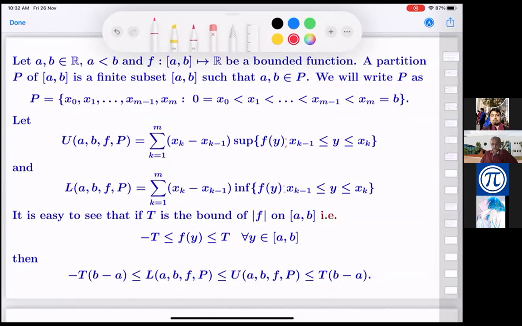The upper bound is simply, in each of these subintervals xi minus 1 to xi, you take the supremum of the function f and multiply it by the length of the interval, and take the sum. This is exactly as we had discussed last class. And the same for the lower bound, with the infimum.